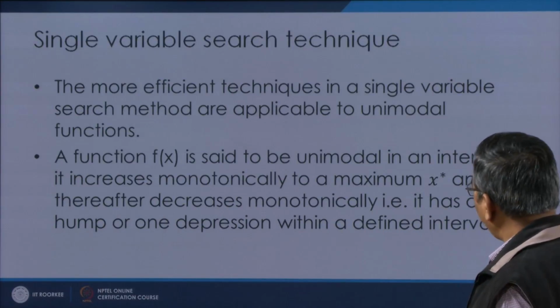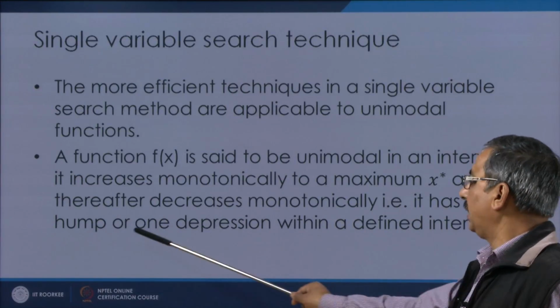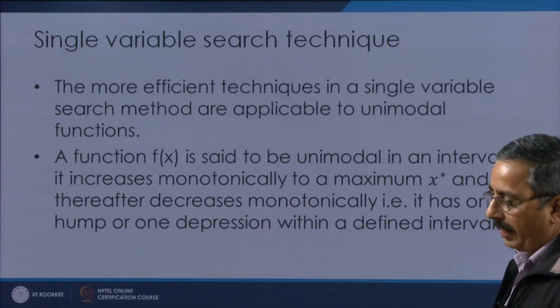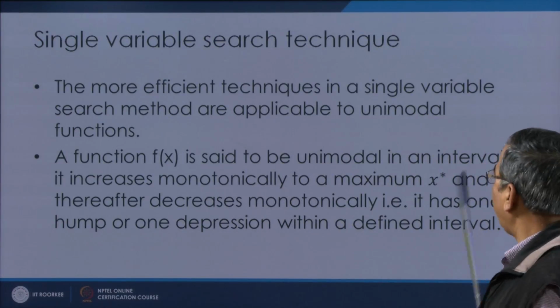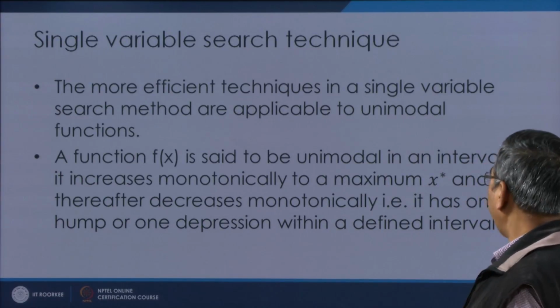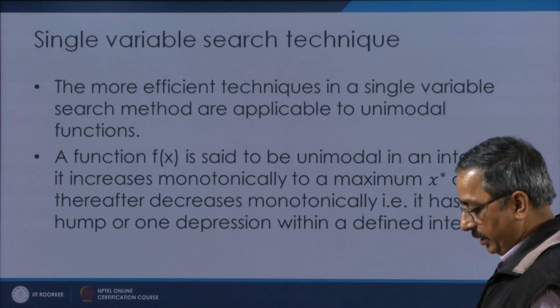That is, the function has only one hump or one depression within a defined interval. Then we call that function a unimodal function.